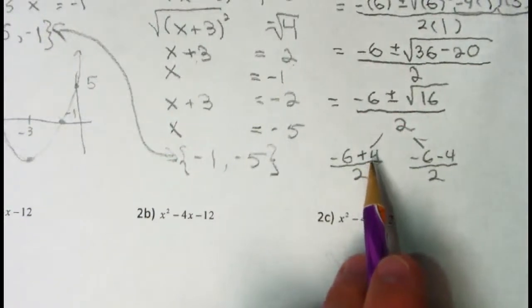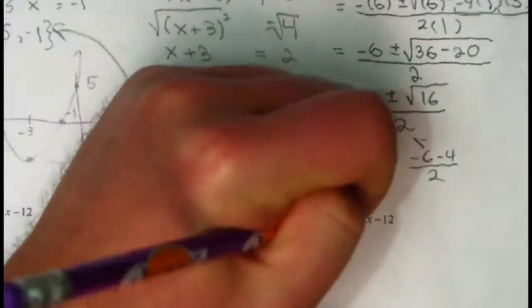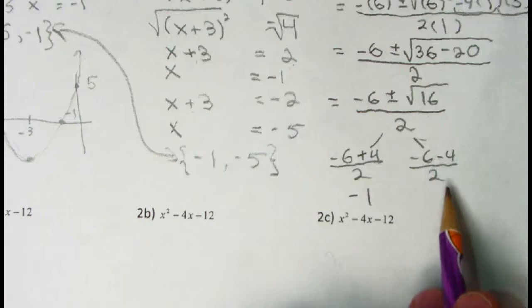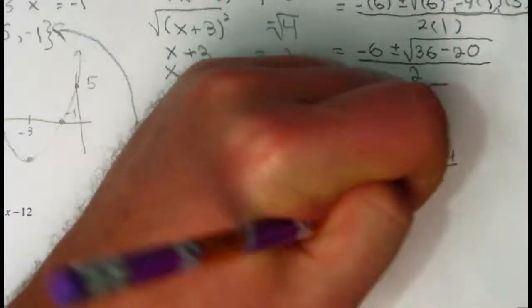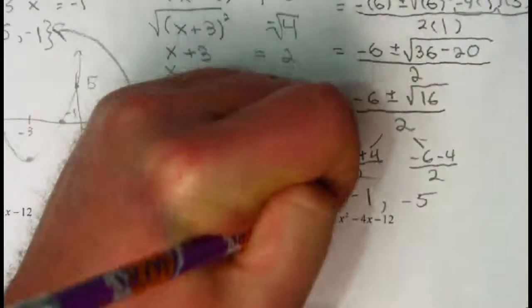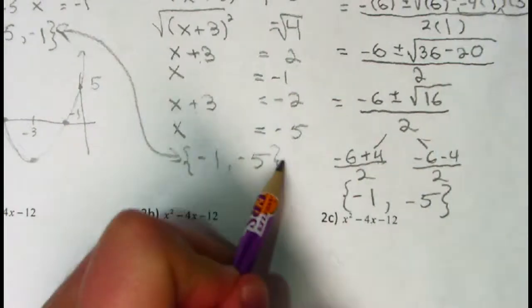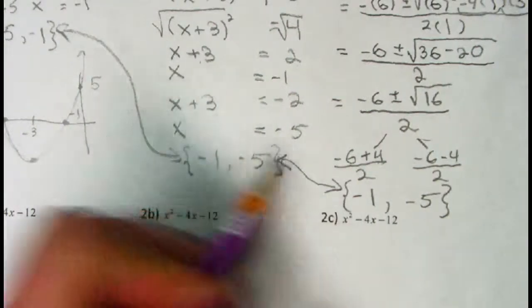Negative 2 divided by 2 is negative 1. Negative 6 minus 4 is negative 10. Negative 10 divided by 2 is negative 5. Okay. So we have, once again, the same answers for all of them.